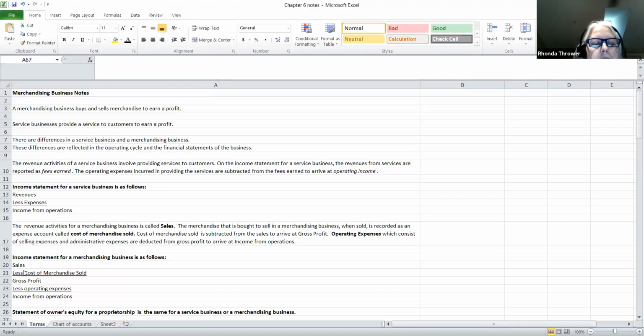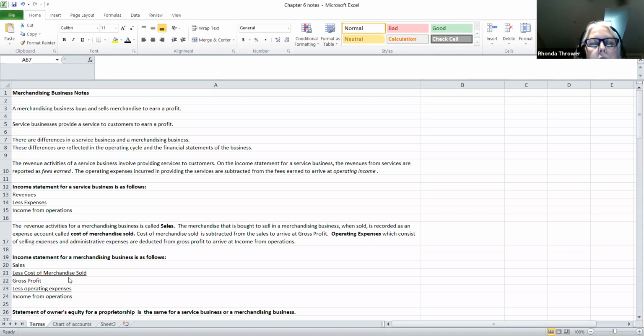So for an income statement that we're preparing for a merchandising business, we're going to start with sales. Sales is our revenue account. Notice there's a new account on here called cost of merchandise sold. And that's exactly what it says it is. When we buy the merchandise inventory to sell to our customers in a merchandising business, the cost of that merchandise, what we had to pay for that merchandise, is what we consider to be cost of merchandise sold.